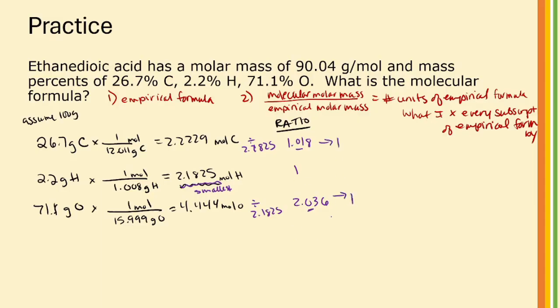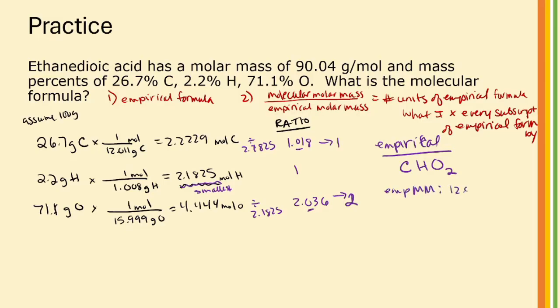So my empirical formula is CH. Wait, sorry, this should go down to 2. CHO2. With that, I can determine what the empirical molar mass is.